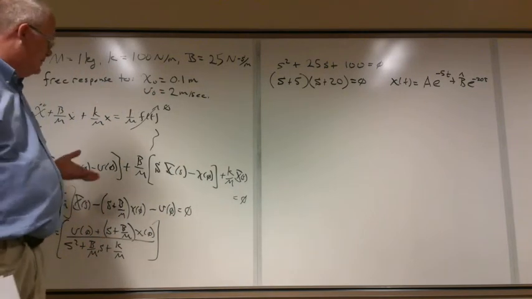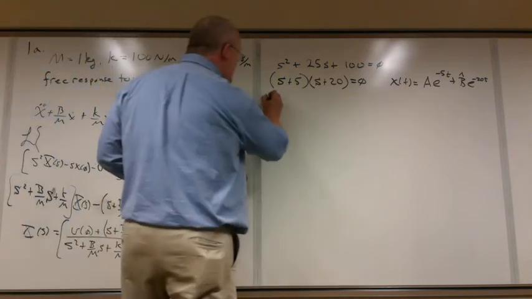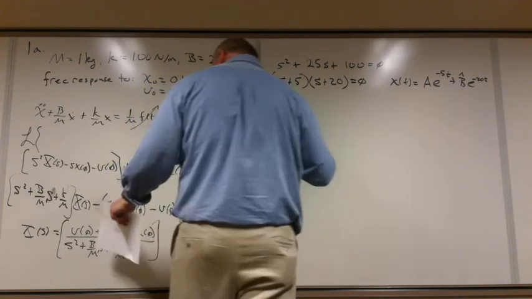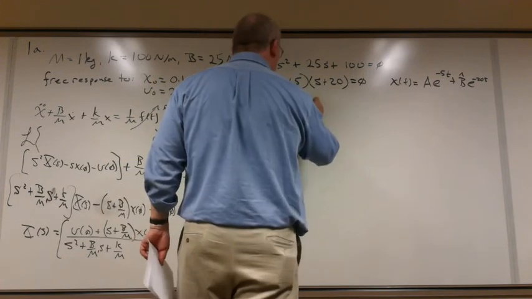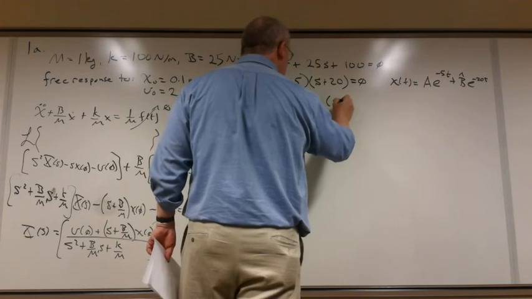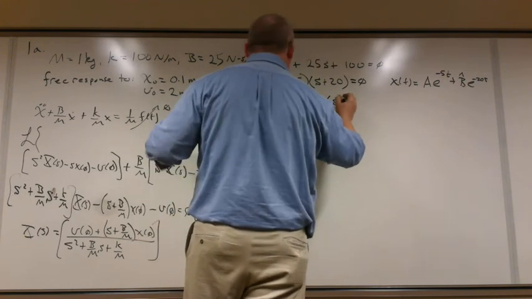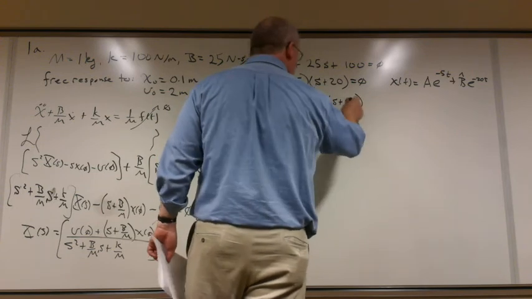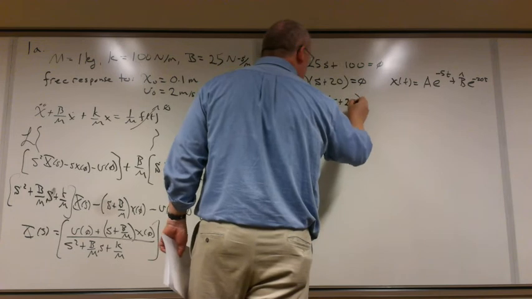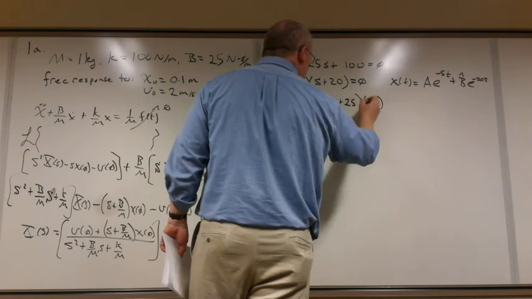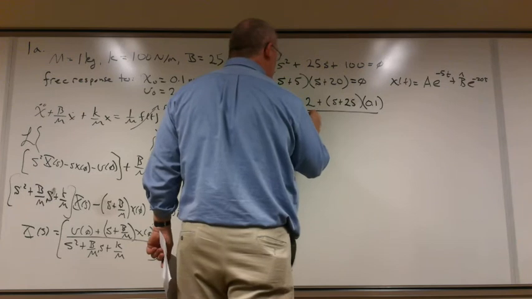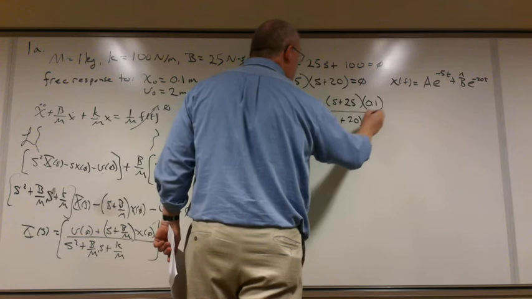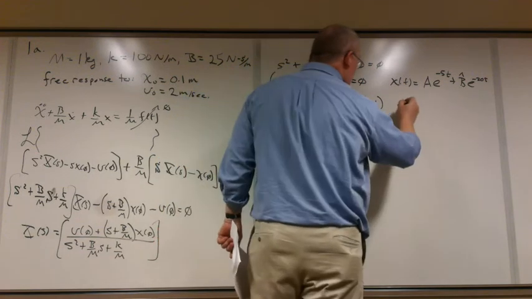So what we're really solving for, if we solve this out using our initial conditions, is that x of s is equal to, let's see, we have v of 0 was 2 plus, this is going to be s plus 25, and initial condition 0.1 for the position, times 0.1, all over s plus 5 times s plus 20. We can group terms.